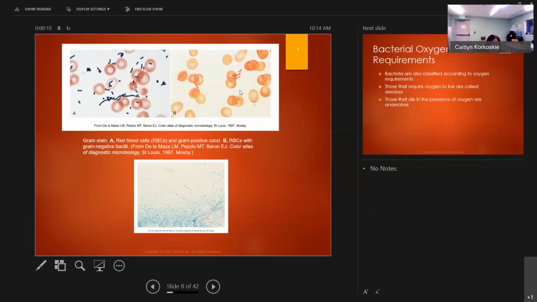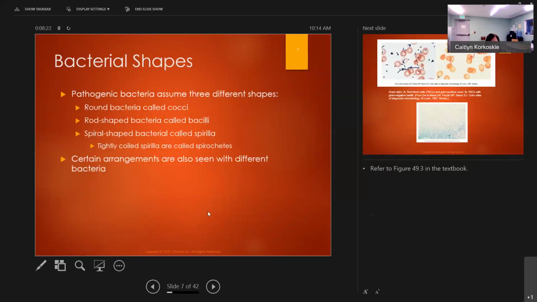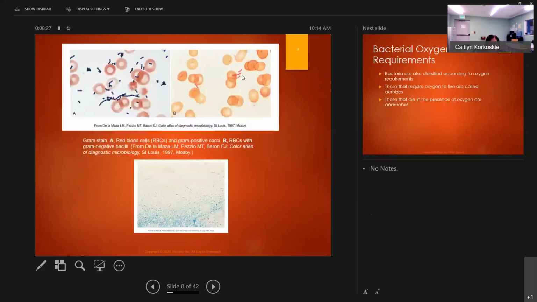You can see these different shapes over here, how they're kind of different, and the color of them as well. The characteristics are a little bit different. So if we look at the rod-shaped bacteria, the bacilli, this is what they mean by rod-shaped bacteria, these little guys.